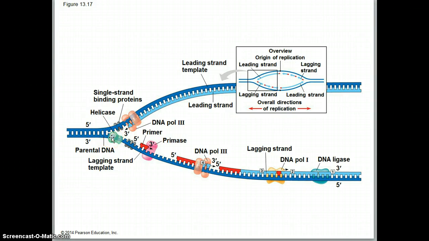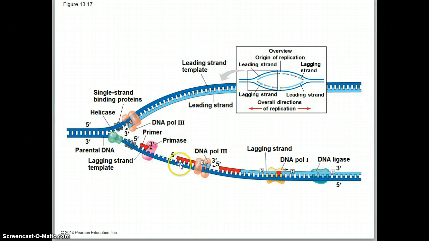In order to add a new DNA fragment, primase has to come on, and primase will add an RNA primer. It's only about 5 to 10 nucleotides of RNA, and it's basically like a start here sign for DNA polymerase.